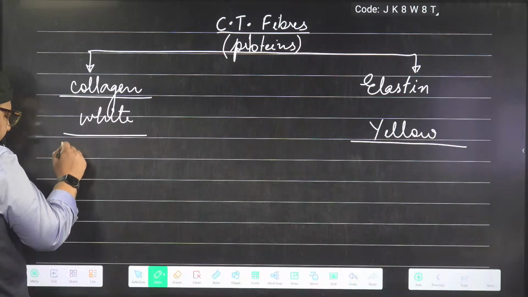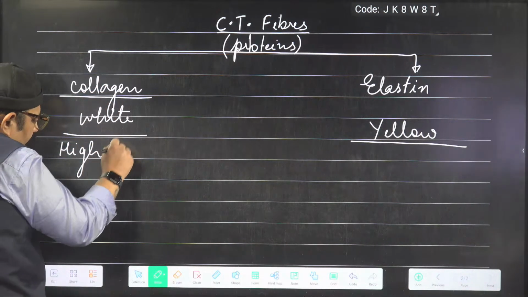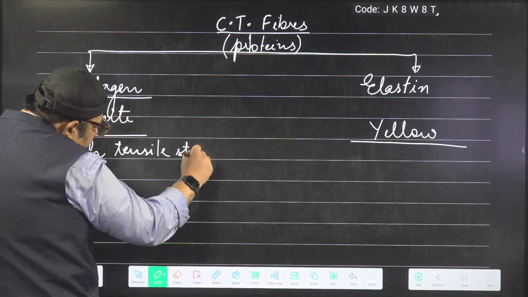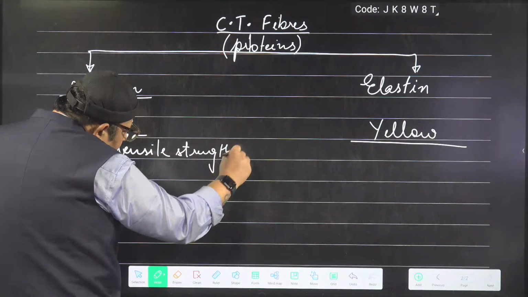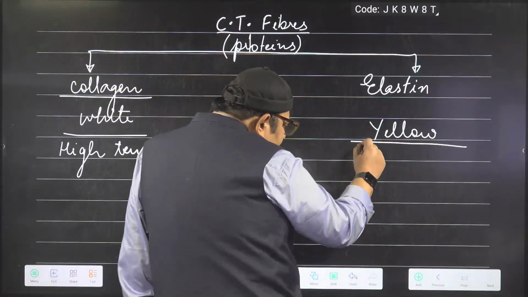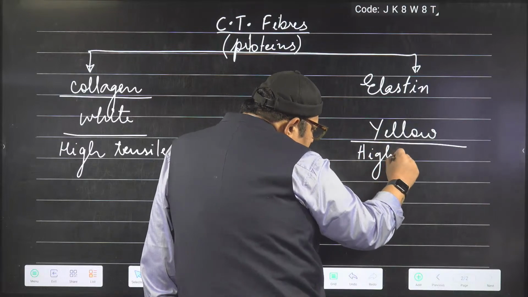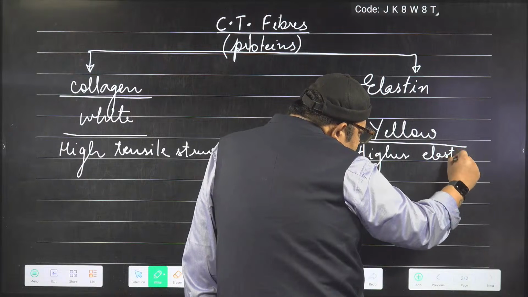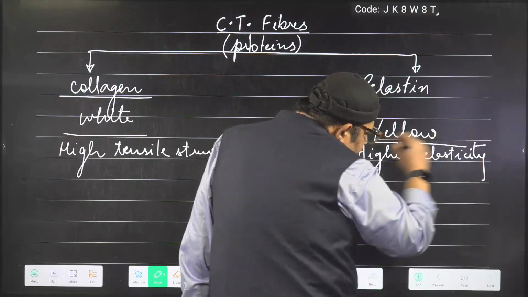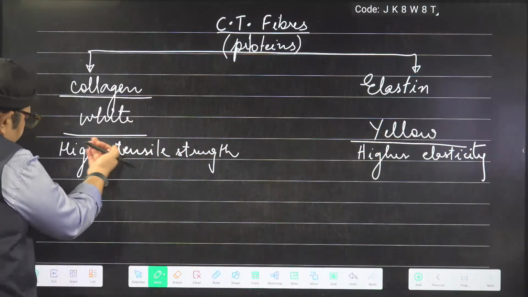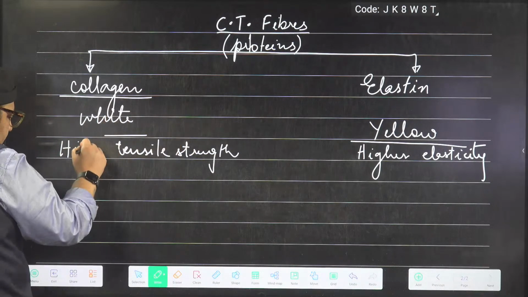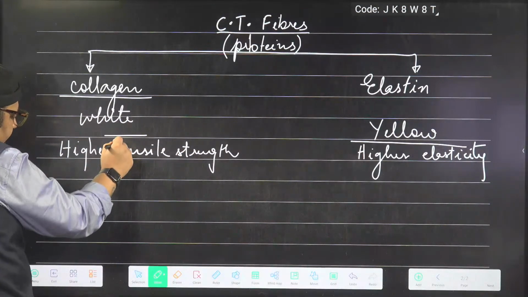Collagen has high tensile strength, while elastin has higher flexibility or elasticity. Higher, when we are comparing the two.